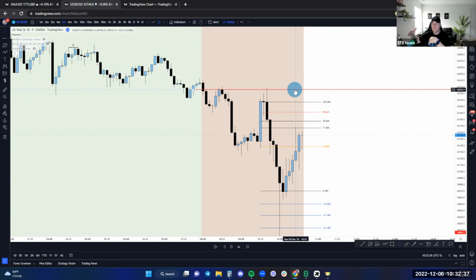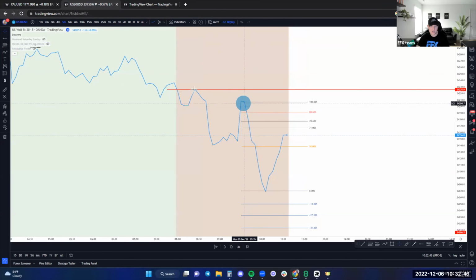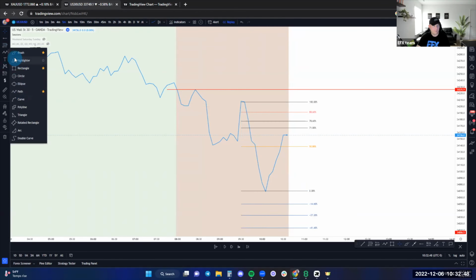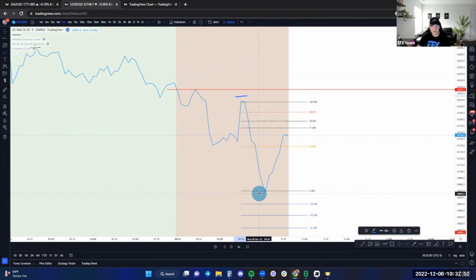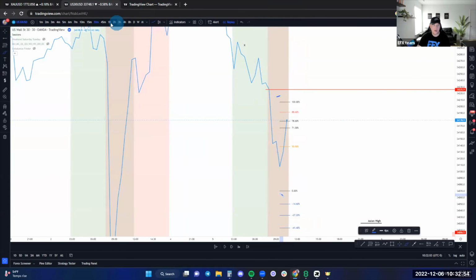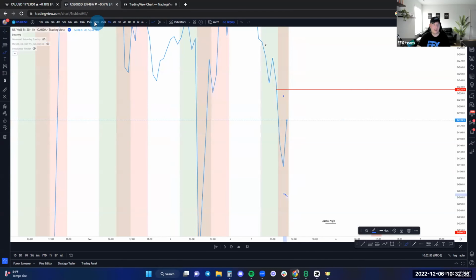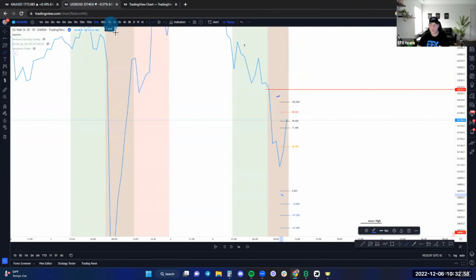We jump up to the 30 and the 1 hour, and it showed the same thing. It wasn't there, which we can see going back to a line chart. We can see the structure point here and here, and then we jump up to the 30, it's not there. We go to the 1 hour, it's the same thing. You can see the 30 and the 1 hour are very close.